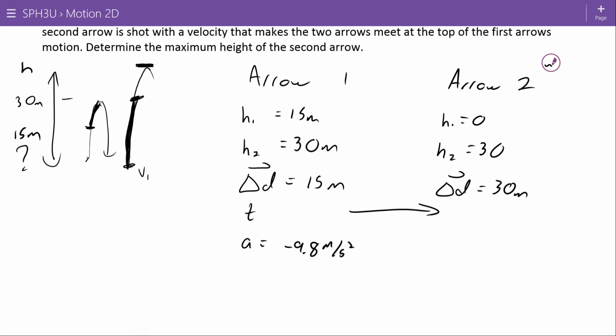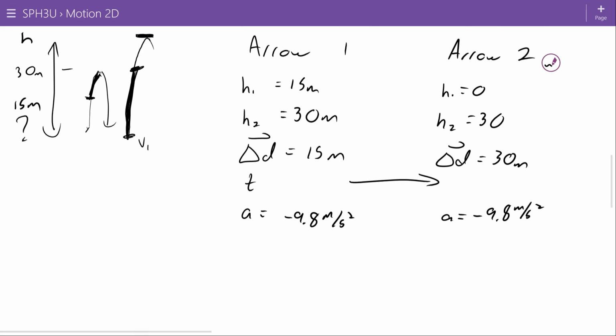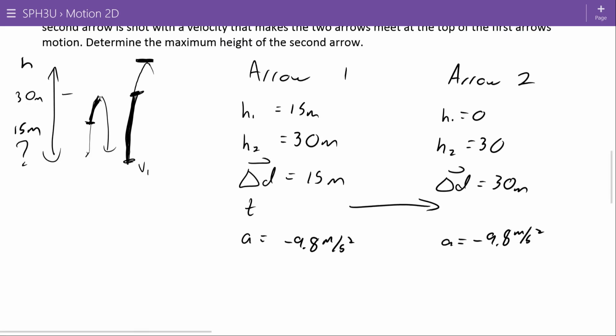They're accelerating due to gravity. And we don't know much else except that for arrow 1, if we're dealing with this part of the motion, then at the maximum height we know the final velocity is 0. It has to be 0 so that it can stop and turn around and come back down.